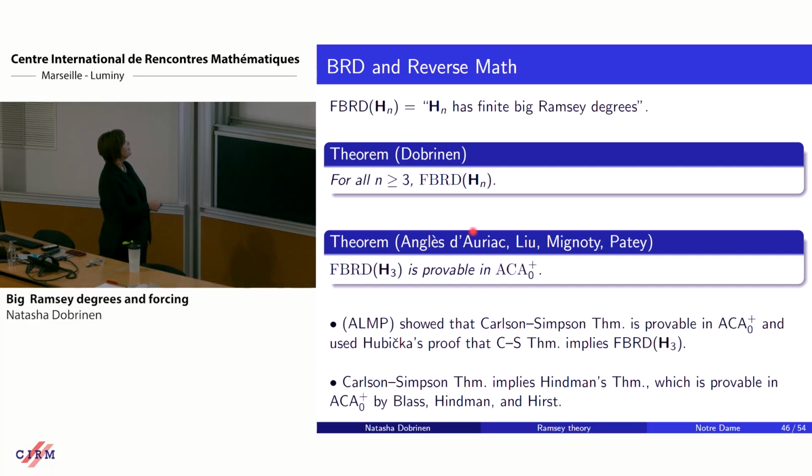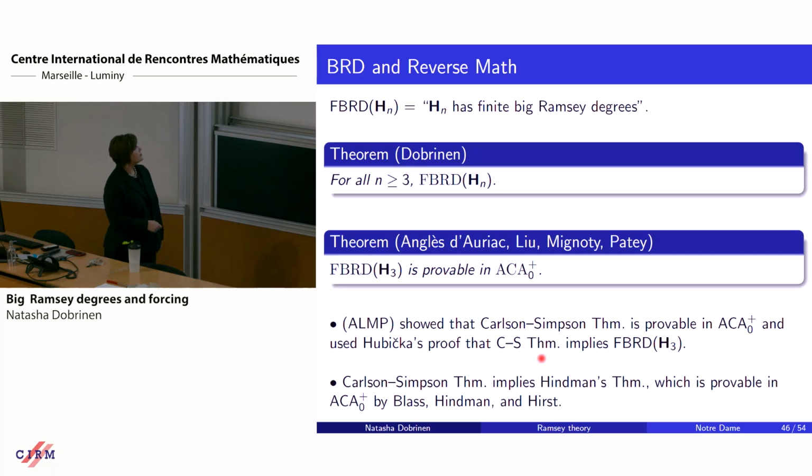So then a subset of these plus Liu got interested in the triangle-free graph, and Hubička's proof from the Carlson-Simpson theorem that the partial order has finite Big Ramsey degrees also gave an alternative and shorter proof of Big Ramsey degrees for H3, but with much looser bounds than the ones that I got.